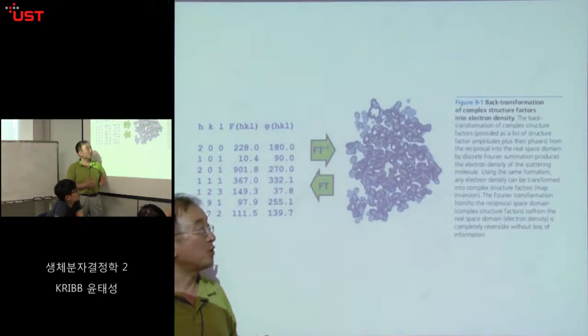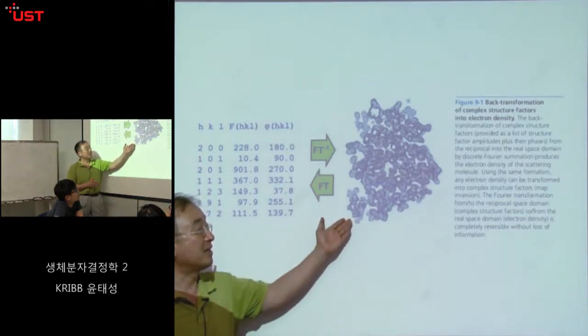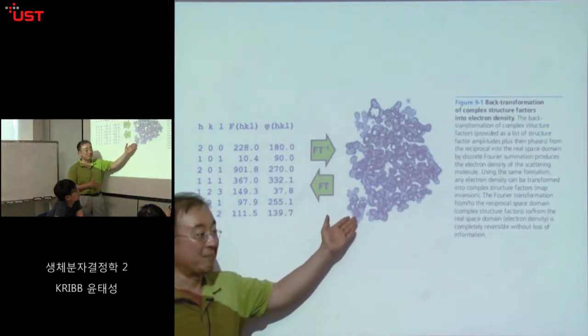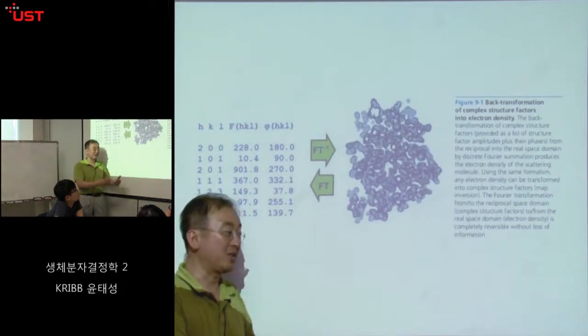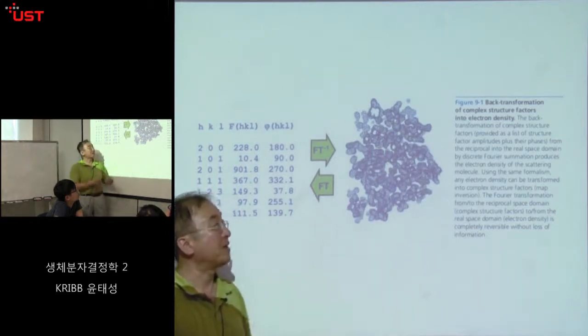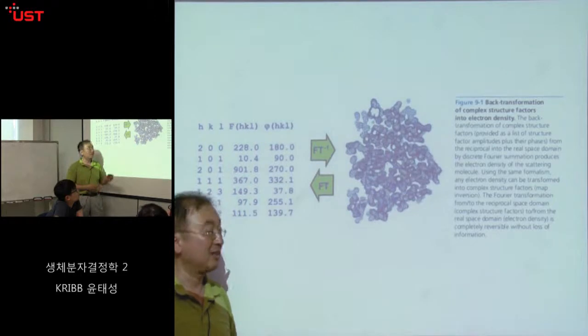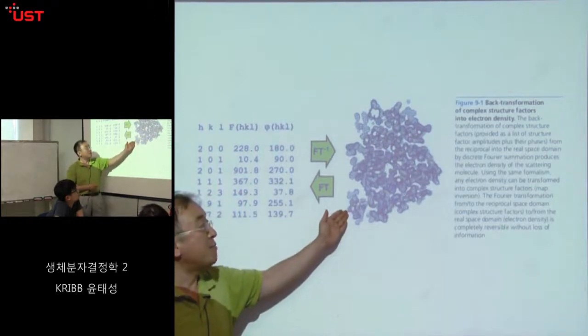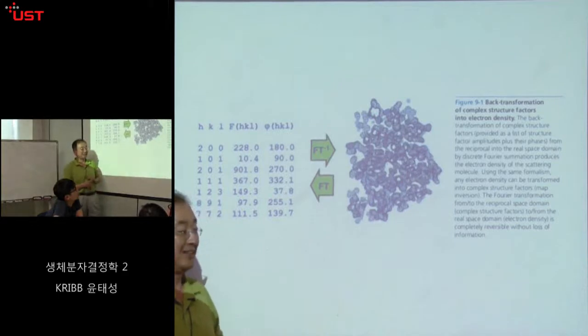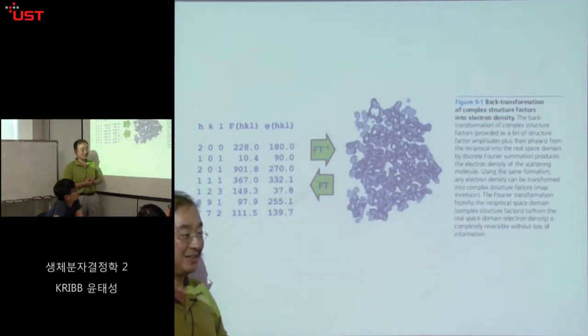We have talked about electron density. Now we are talking about electron density map as a representation of electron density function. But my question is like this: how many contour levels do we have in this particular figure or picture? Levels?